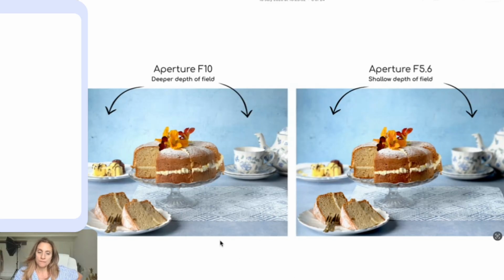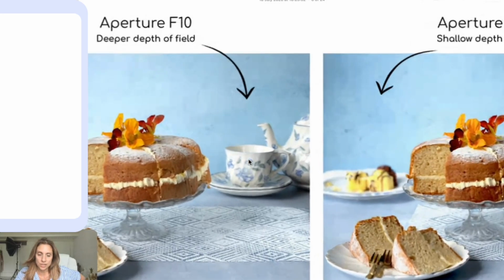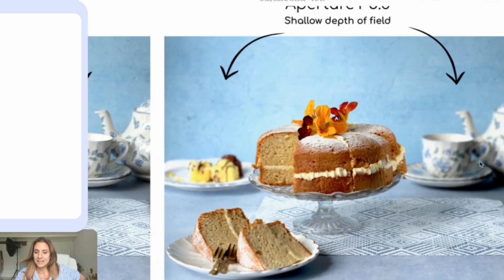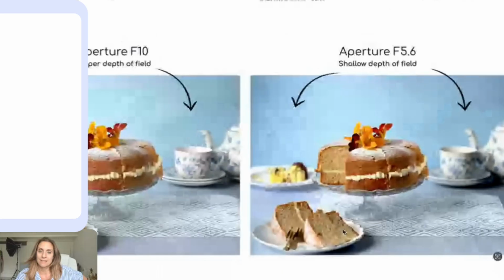The depth of field here shows the cakes at the back, the teacup and the teapot are in focus pretty much there with f10. But if we move that to 5.6, we can see the difference, that we're losing that depth of field and getting that blurredness in the background.